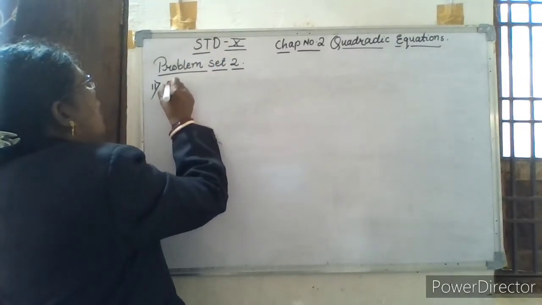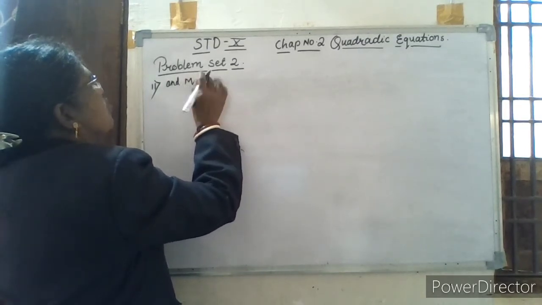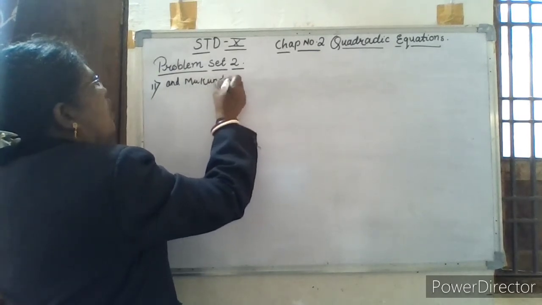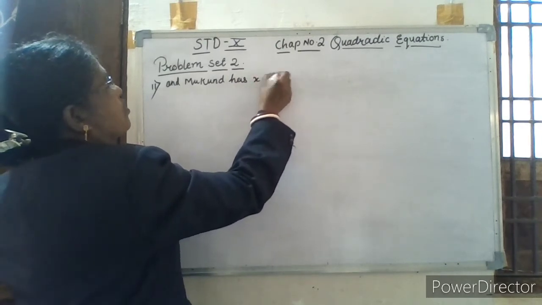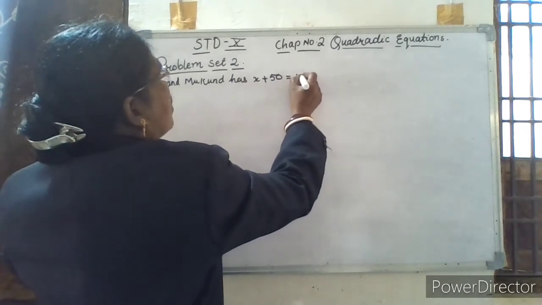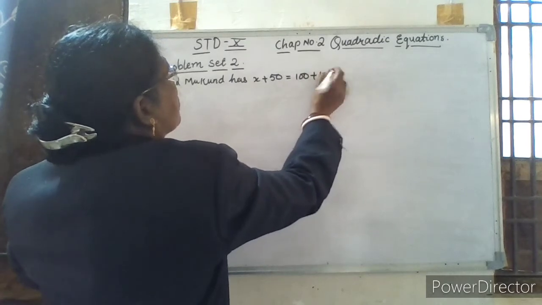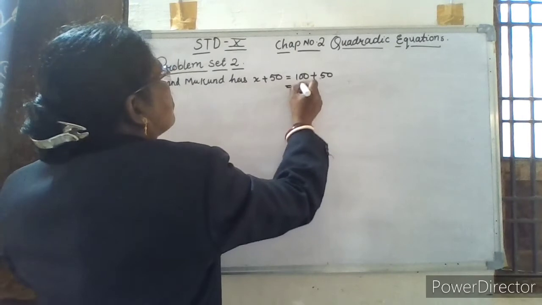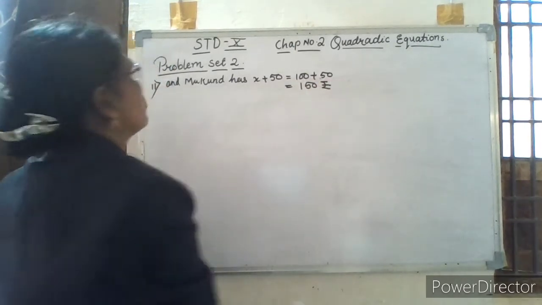And Mukund has x plus 50, that is equal to 100 plus 50, that is equal to 150 rupees.